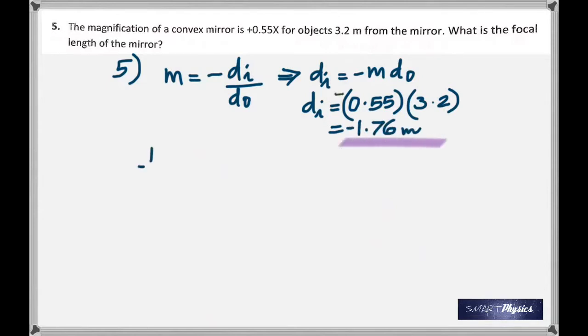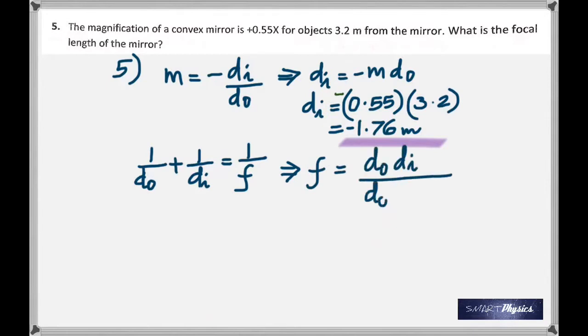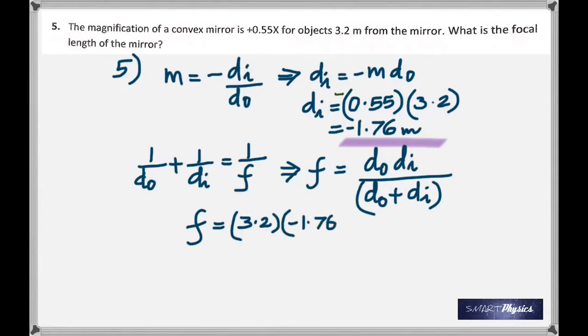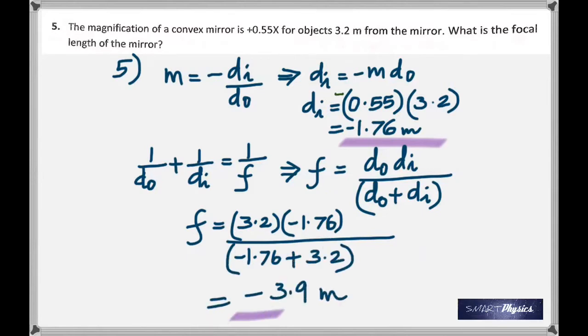It is negative 1.76. Put into the lens equation. Focal length is product by sum. You have to be careful about DI being negative. It gives negative 3.9 meters.